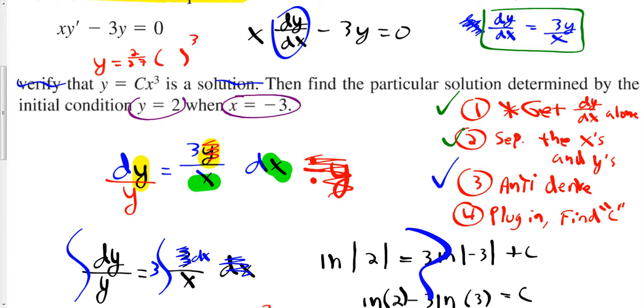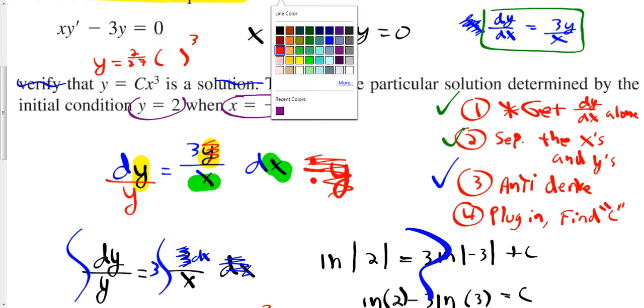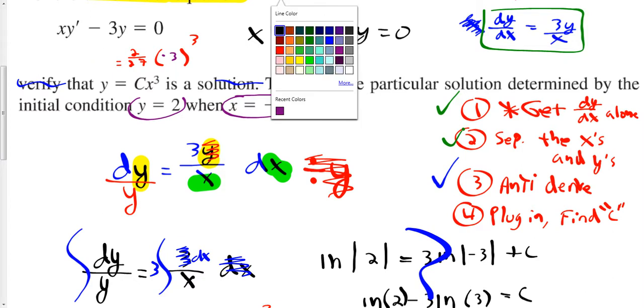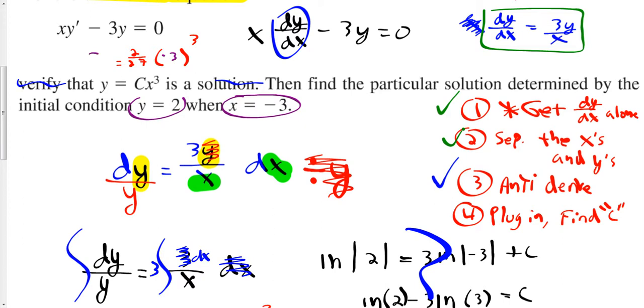Our x value was negative 3, and our y value was positive 2. So if that's the case, the problem is that you're going to have now a positive equaling a positive times a negative, and that's not going to work. So our c must have been negative.